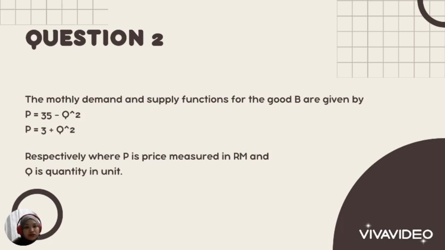Now we will go to question two, which is: the monthly demand and supply functions for the GP are given by P equals 35 minus Q power of 2, and the second function is P equals 3 plus Q power of 2 respectively, where P is price measured in RM and Q is quantity in units.